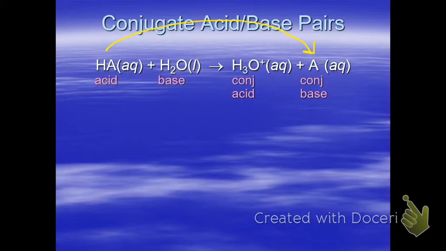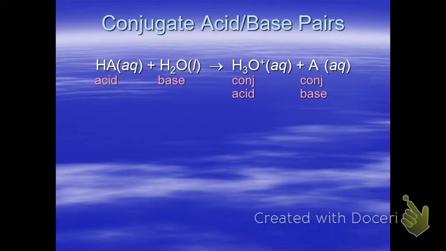It becomes A-. It gave away its hydrogen. Whatever the acid turns into on the product side, after it's done what acids do, it gave away its hydrogen, whatever it becomes is called the conjugate base.